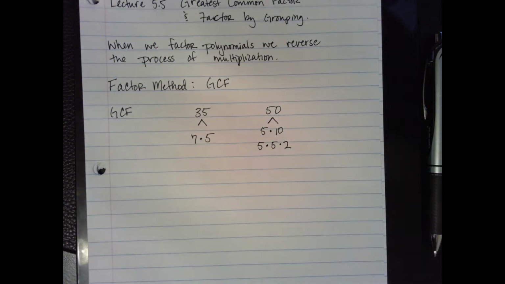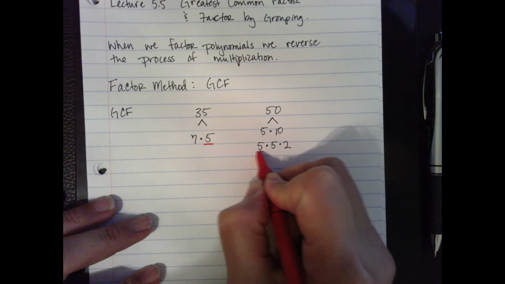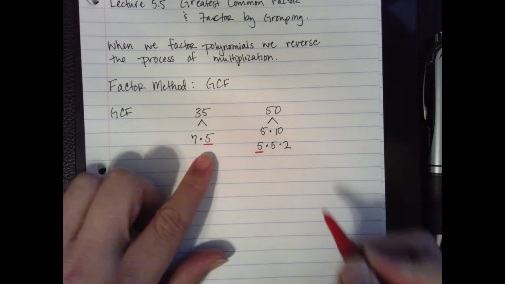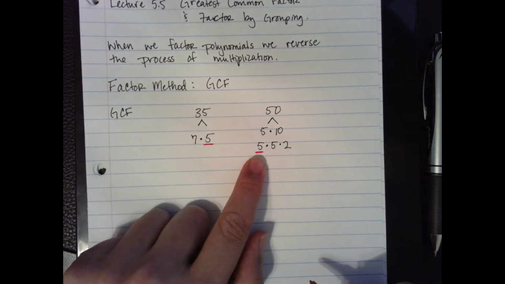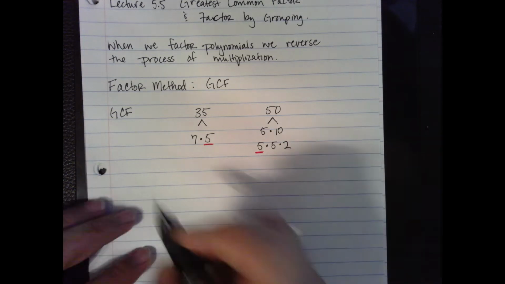Then we identify the greatest common factor. So what is common to both numbers? I have one 5 here, and because I only have one 5 here, I can only highlight one 5 over here. They each have one of them.